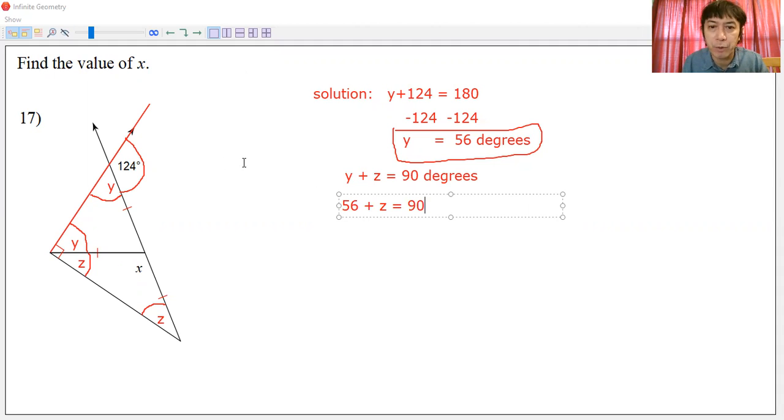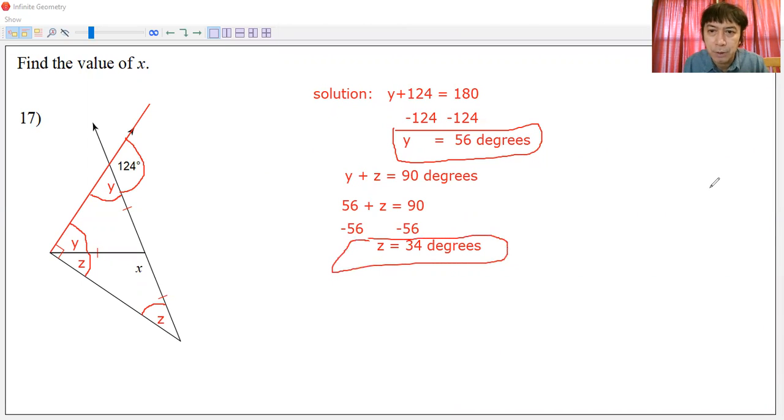We will now solve for the z by way of subtracting 56 from both sides. We get the value of z. How much is that? That will be 34 degrees. And so we're able to solve for z here. It's 34 degrees.